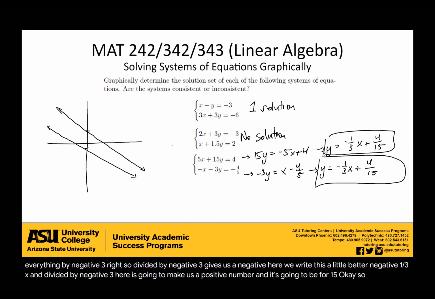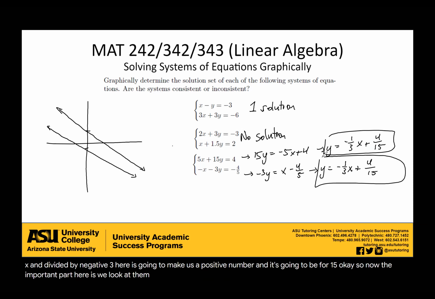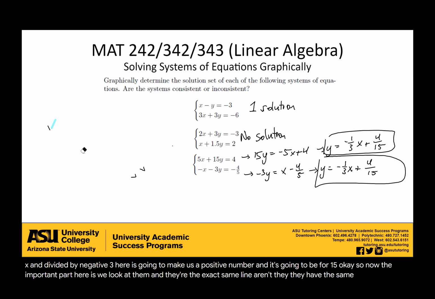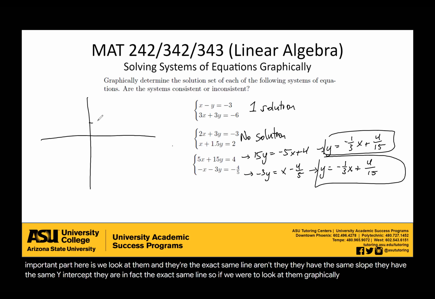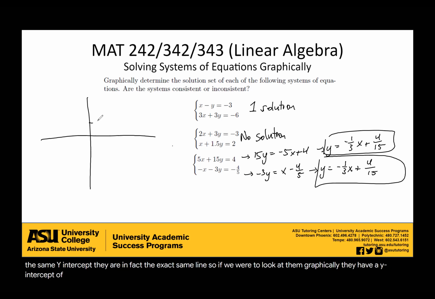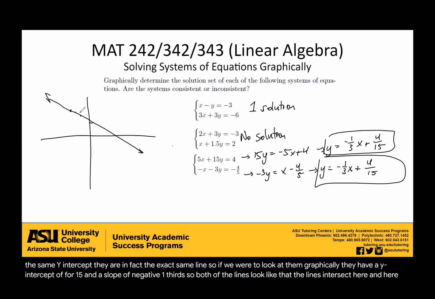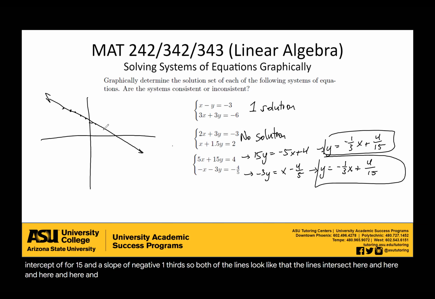Okay, so now the important part here is we look at them, and they're the exact same line, aren't they? They have the same slope, they have the same y-intercept. They are, in fact, the exact same line. So if we were to look at them graphically, they'd have a y-intercept of 4/15 and a slope of negative 1/3. So both of the lines look like that, which means that both of the lines intersect here, and here, and here, and there.